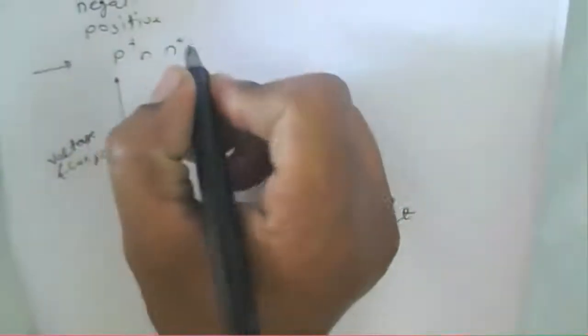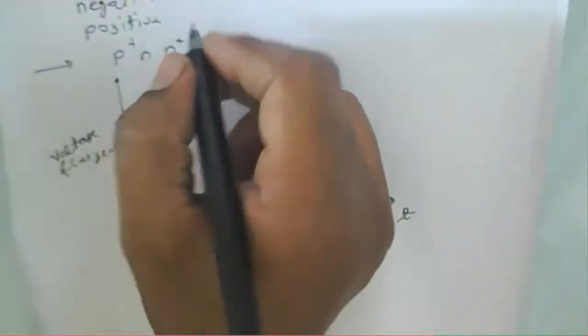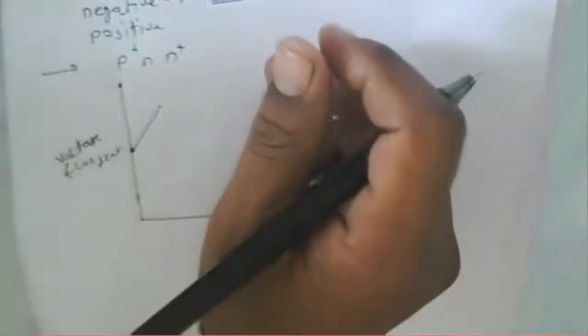When a current is propagating, only charge carriers are present in this particular diode.